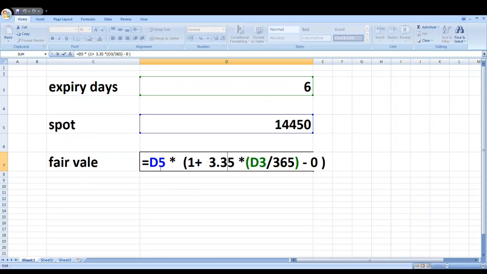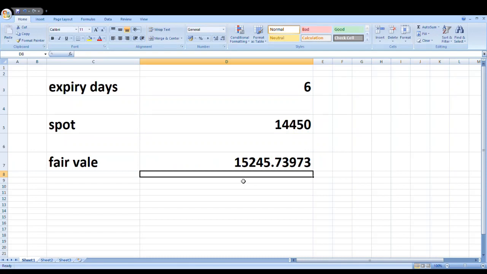So the fair value formula, D5 is the spot, multiplied by 1 plus the risk-free rate 3.35, which we have taken from the RBI's website, multiplied by D3. D3 is expiry days, divided by 365, minus 0. I have not taken any other factors, dividends or cost of carry factors, into account. So the fair value will be a little bit high only. So it has come to this much. But this actually differs. This is the example.